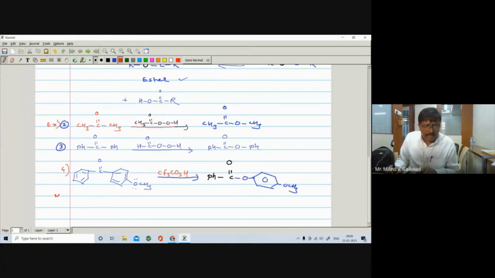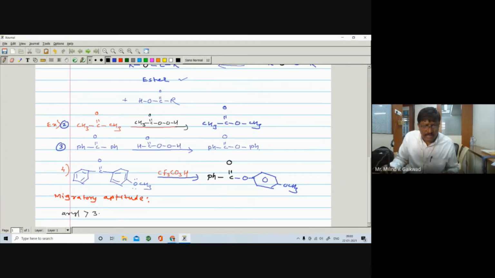It is called migratory aptitude. So first migration takes place if there is an aryl group. If there is an aryl group, it undergoes migration.